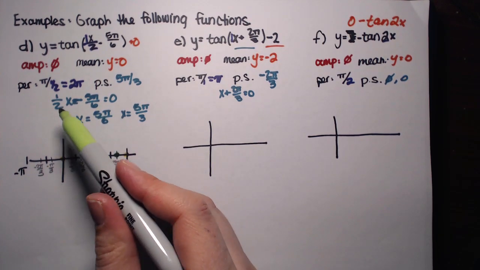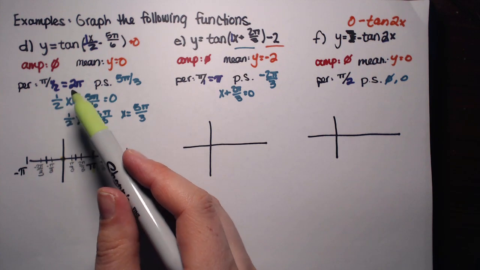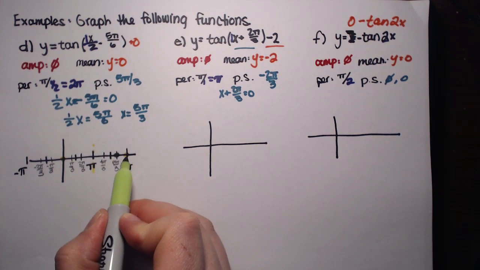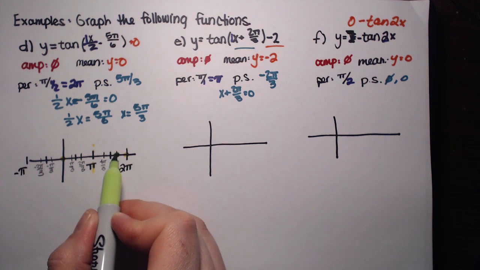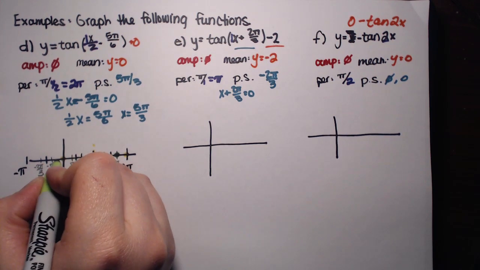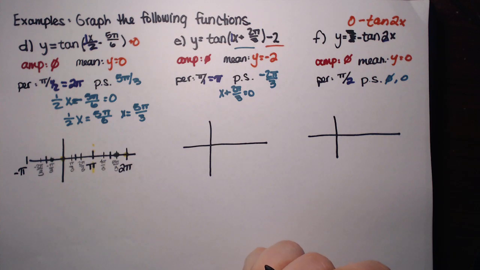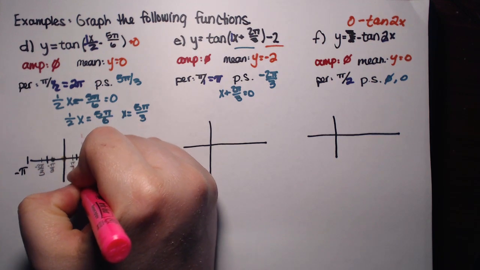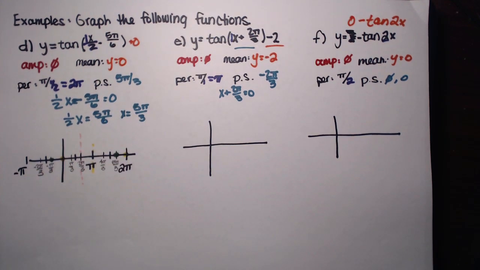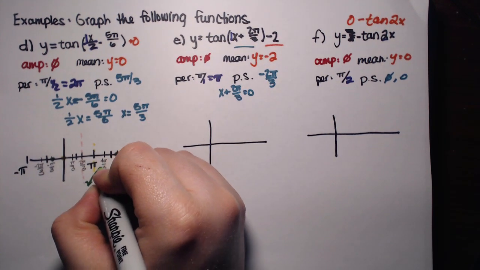Well, because the period is 2 pi, I can view this also as going back pi thirds. So if I just view it as going back pi thirds, and then this asymptote gets moved back pi thirds, that can be my graph as well.